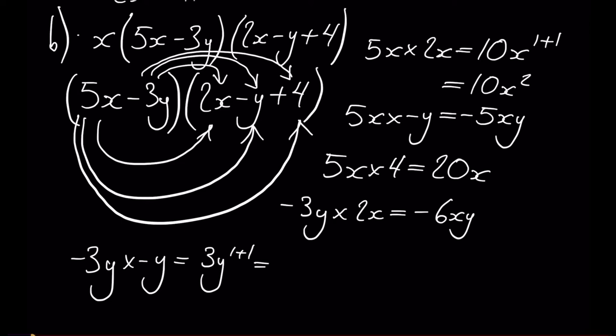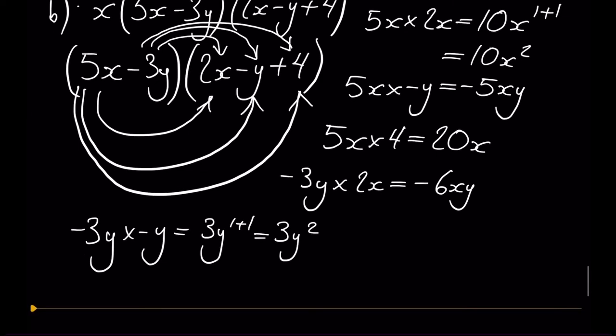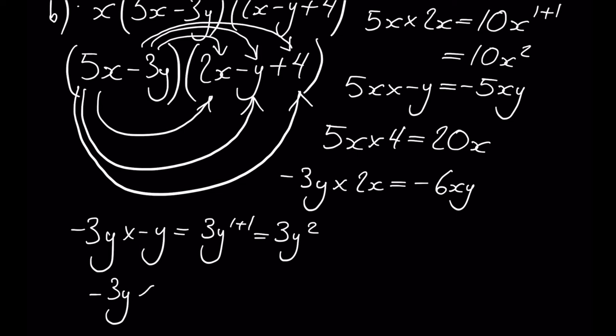So minus 3y times minus 1 is 3, and then y times y is y squared. This is given using the index laws. So this gives us 3y squared. And then we've got minus 3y times 4, which is equal to minus 12y.